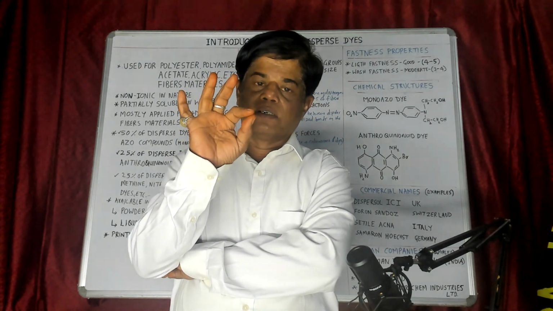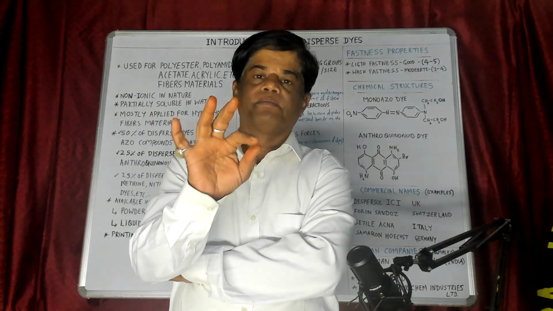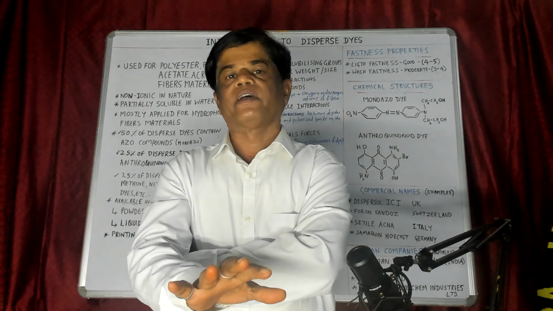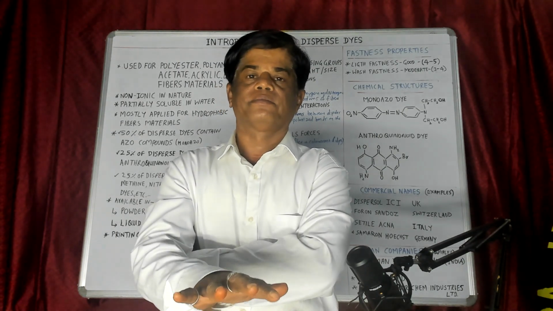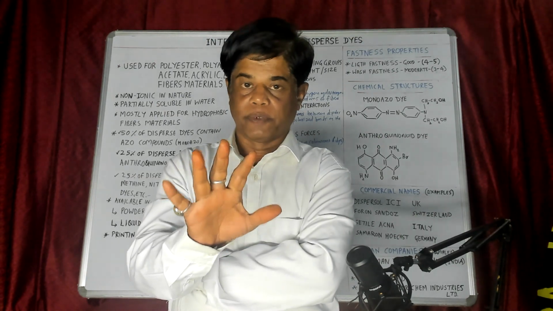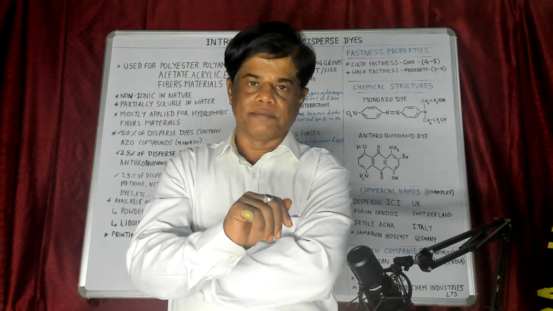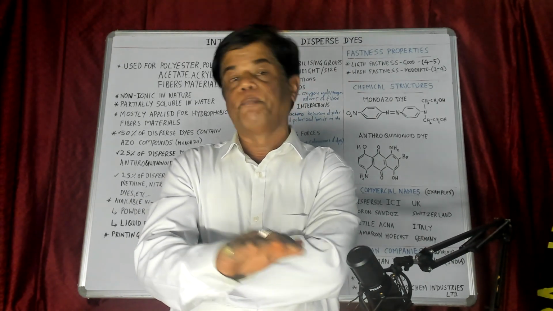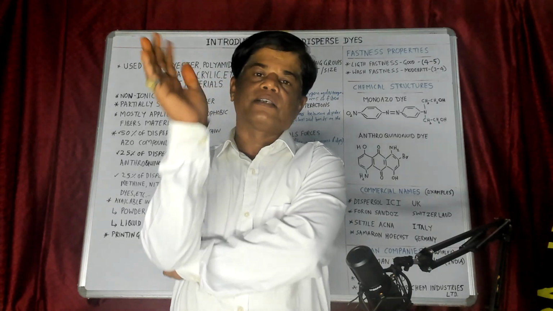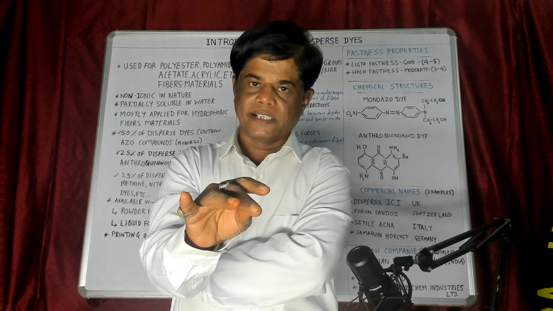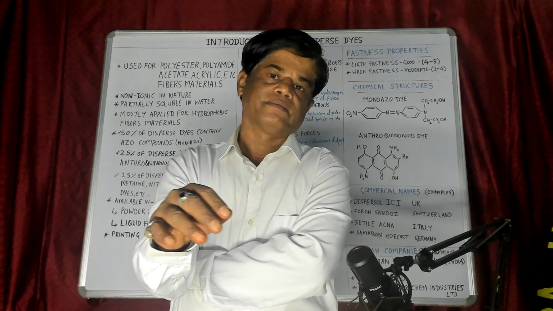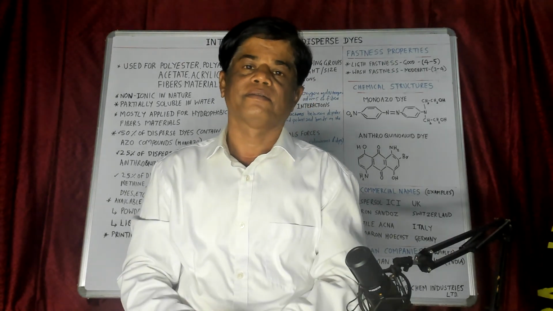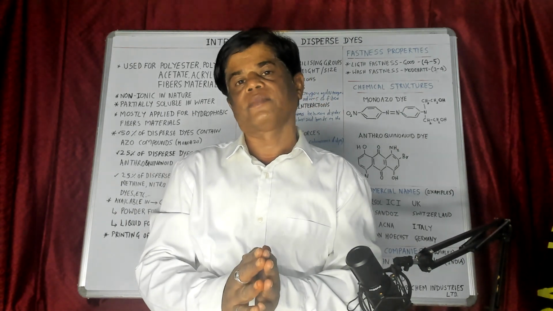So I'll come to the point. Now in this 21st century, polyester fiber is very popular to get dyed by disperse dyes. One question I'm putting here: compared to other classes of dyes, direct dyes, vat dyes, acid dyes, sulfur dyes, reactive dyes and others, disperse dyes are banned.